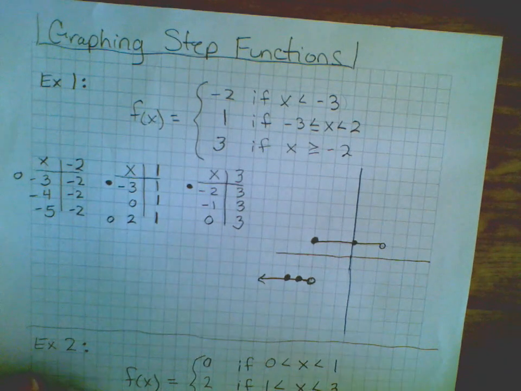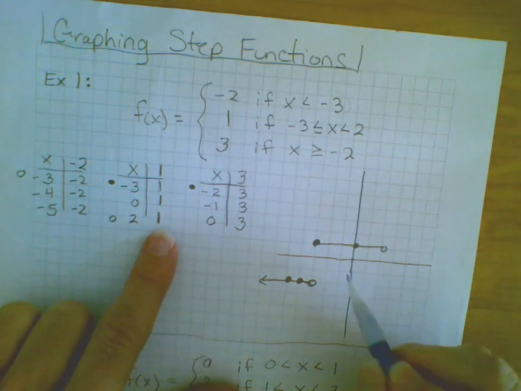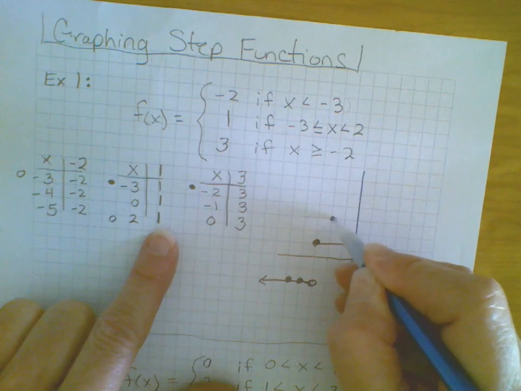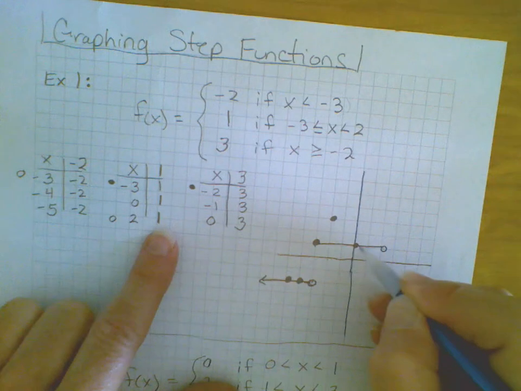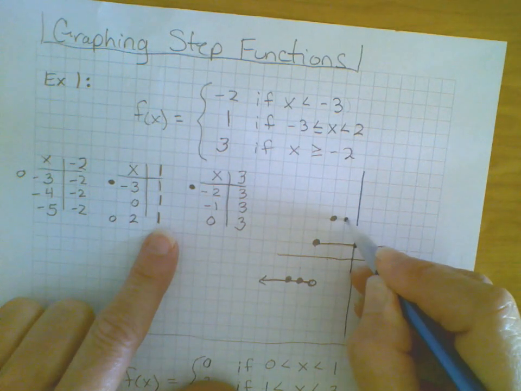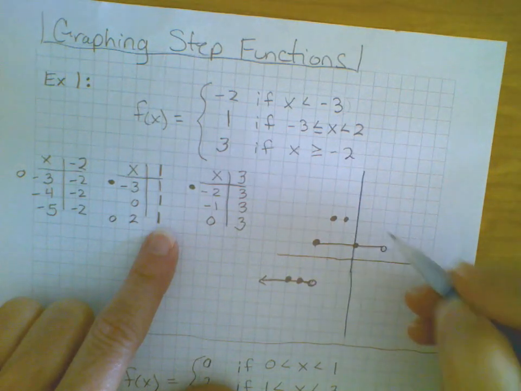And then the last piece starts at negative 2, 3, and that's closed. Negative 1, 3, and 0, 3.